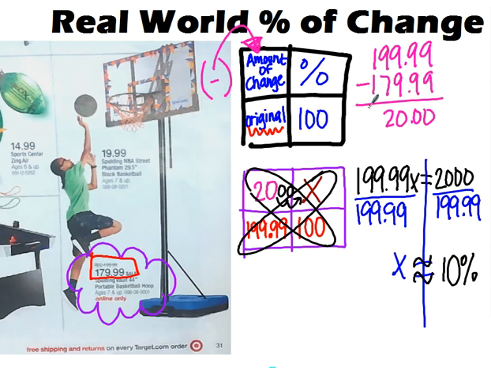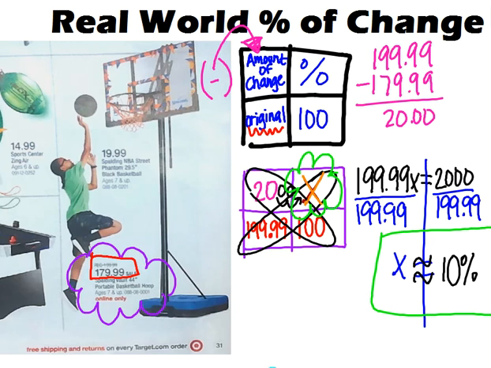So if we go back over to my original proportion box, this percent piece was the piece that I was missing. So this right here is the piece that we were trying to find. We were trying to find the percent of change. So the percent of change is 10%, and there's a really important word that goes with percent of change. You have to decide, was it a percent increase or was it a percent decrease?